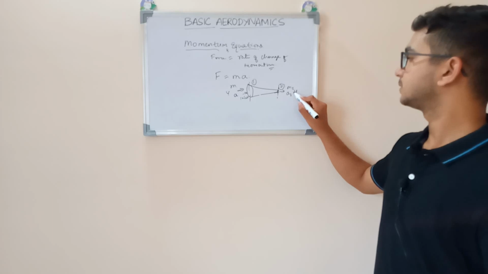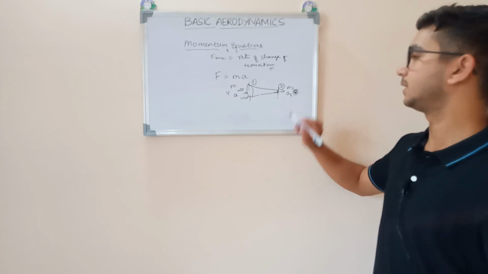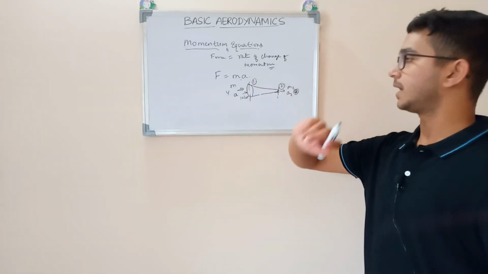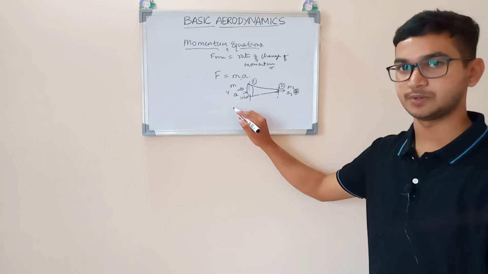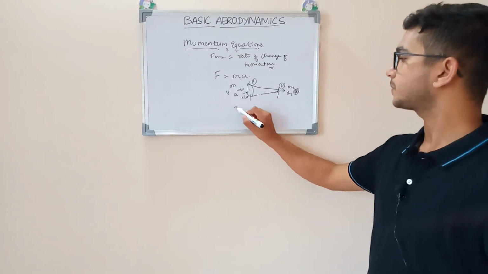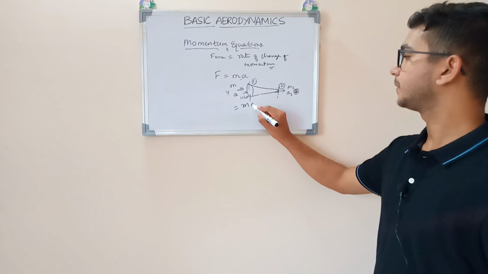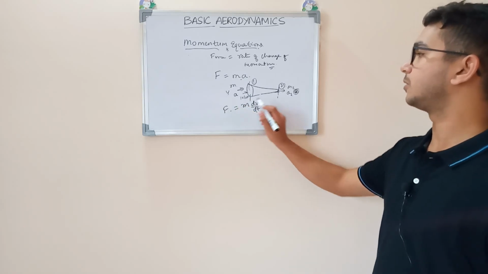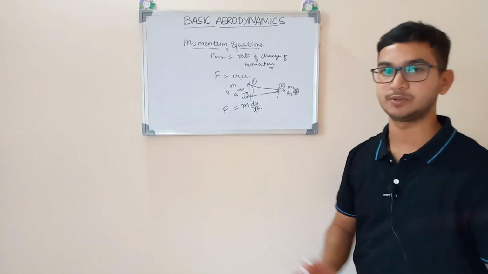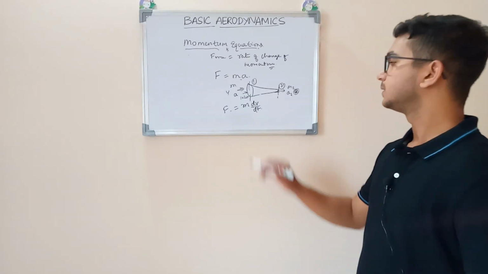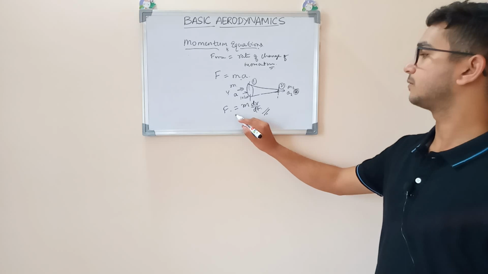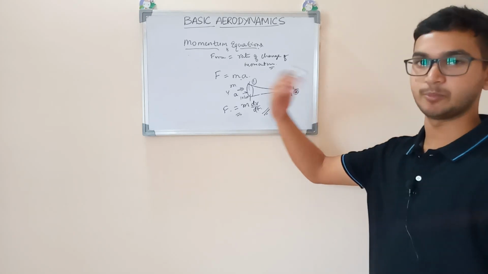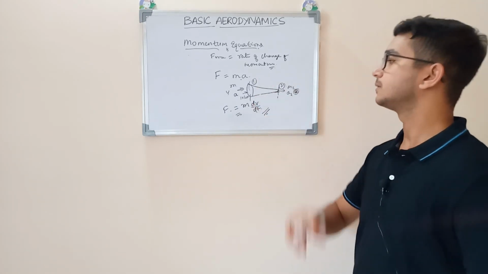I will replace the acceleration in terms of velocity and time: m into dv by dt, for a small change of velocity in a small interval of time. This is how we can relate the momentum equation to aerodynamics.